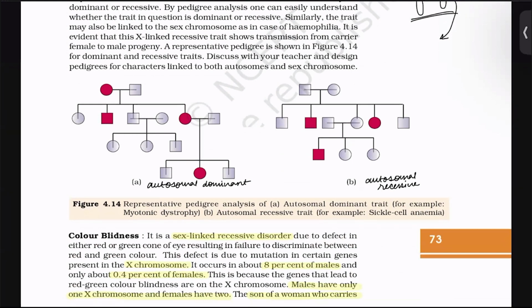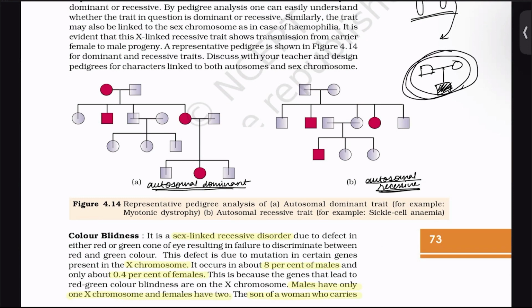This is representing an autosomal dominant disorder, and this is representing an autosomal recessive disorder. How do we find an autosomal recessive disorder? There's a very simple technique. Just look for unaffected parents producing an affected child. If you see this anywhere in your pedigree, it will be a recessive disease.